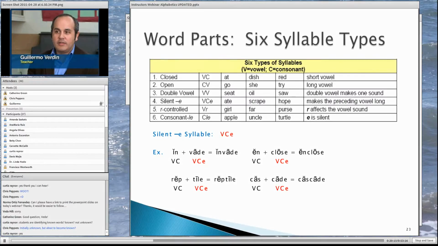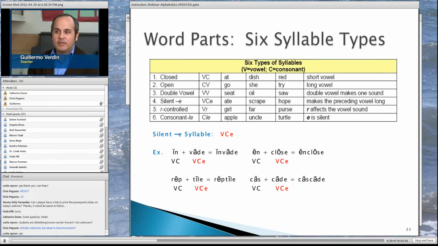On the slide, there are words made up of the silent E syllables, and if you notice, the words are made up in combination with the closed syllable that we just saw in the previous slide. Show of hands, do you see the word parts that make up each of these words? Yes. Okay. Good. Remember, keep in mind, we want to be familiar with word parts.